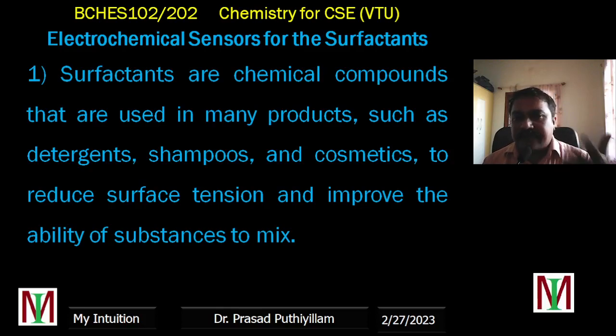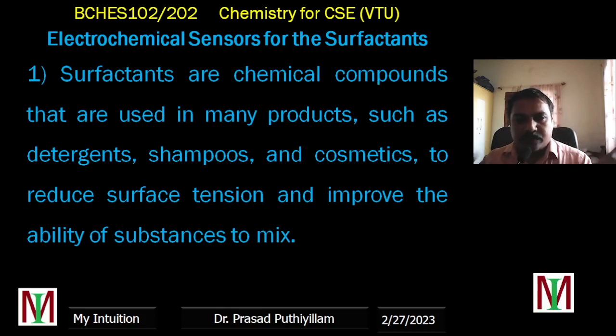Surfactant means surface active agents. They are mainly used in detergents, shampoos and cosmetics, which should have a surface active element. With detergents, we know how they work in washing clothes. If you add detergents, it will create surface tension so that the mud particles will come up from the threads of the textiles or dress material.